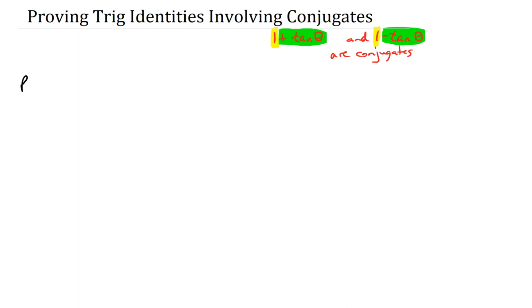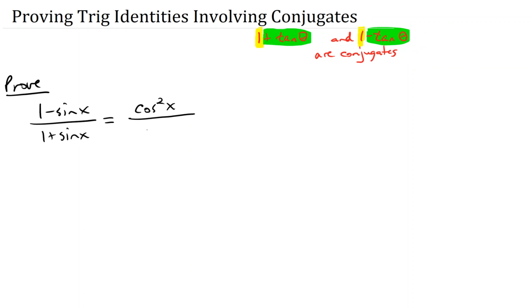So let's prove that 1 minus sine of x over 1 plus sine of x equals cosine squared x over sine of x plus 1 quantity squared.